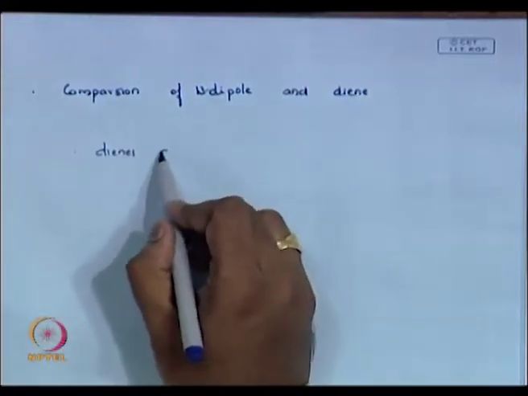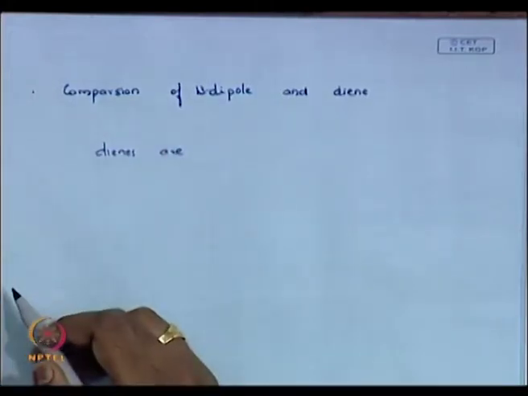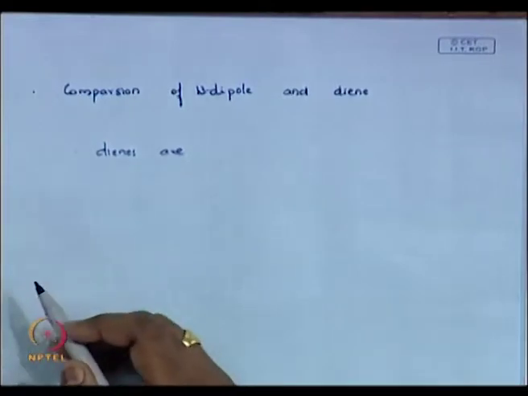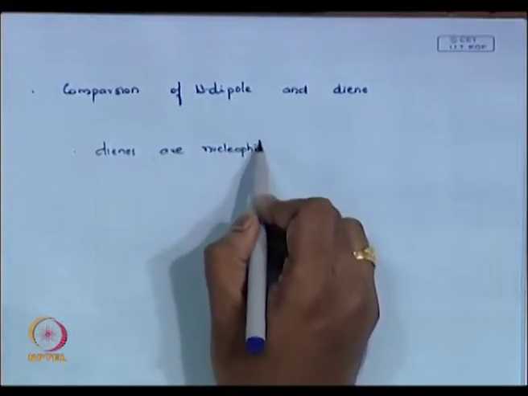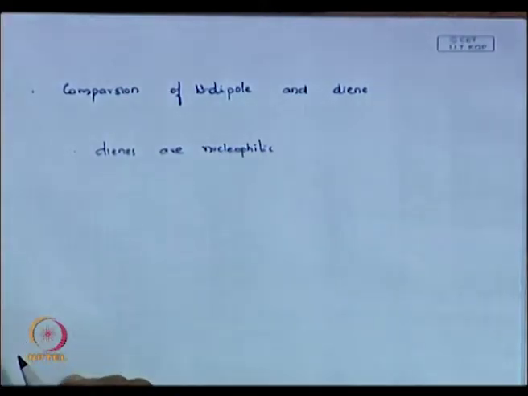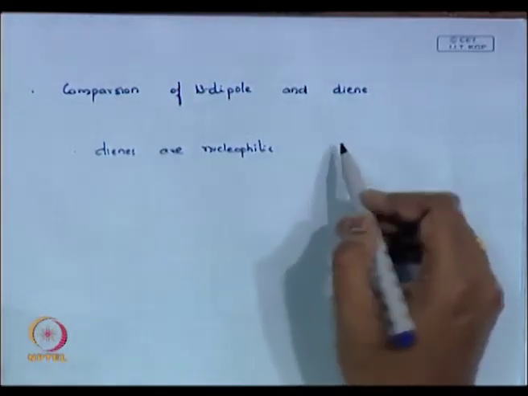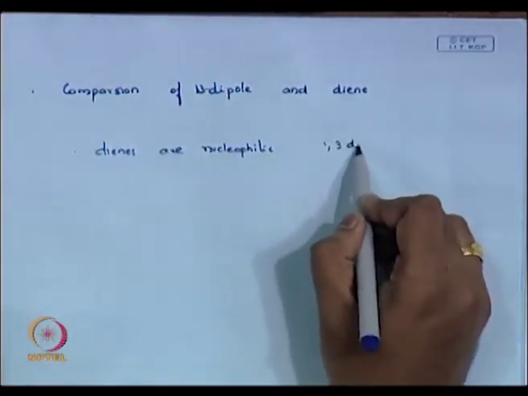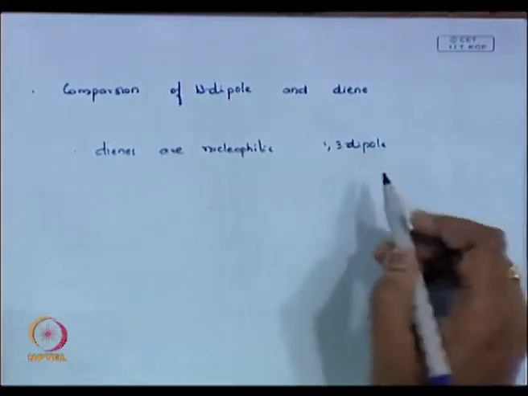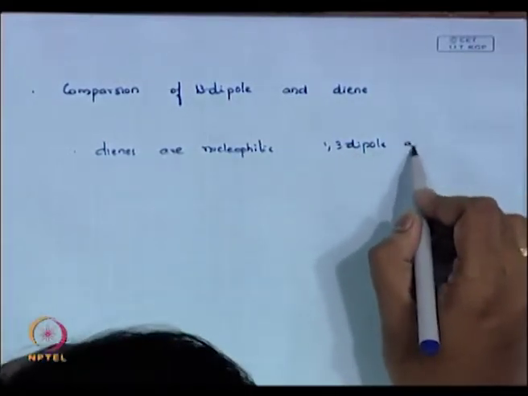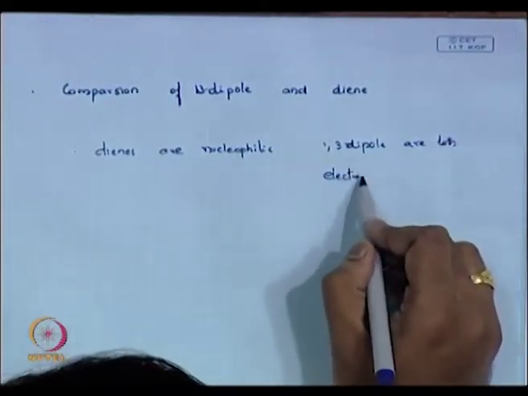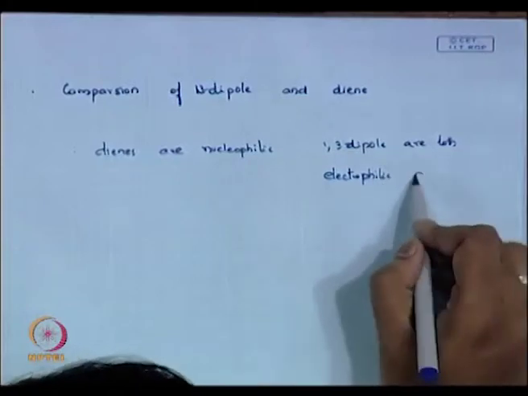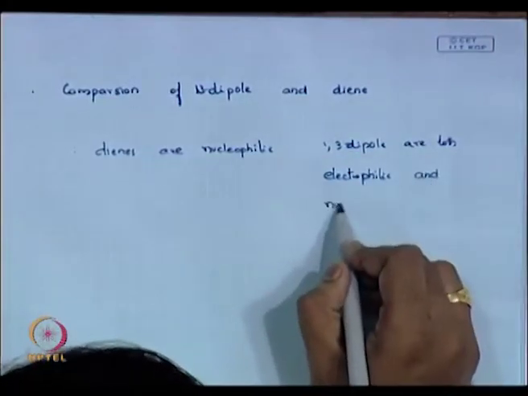Normally, how should your diene be in a Diels-Alder reaction? It should be nucleophilic, right? Fine, but in your 1,3-dipole, how should they be? They are both electrophilic and nucleophilic.